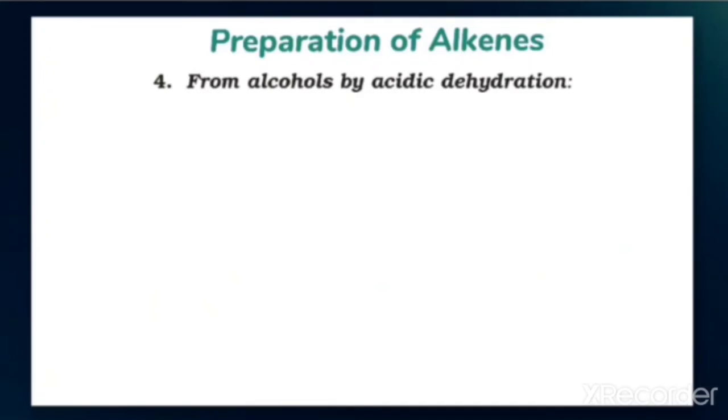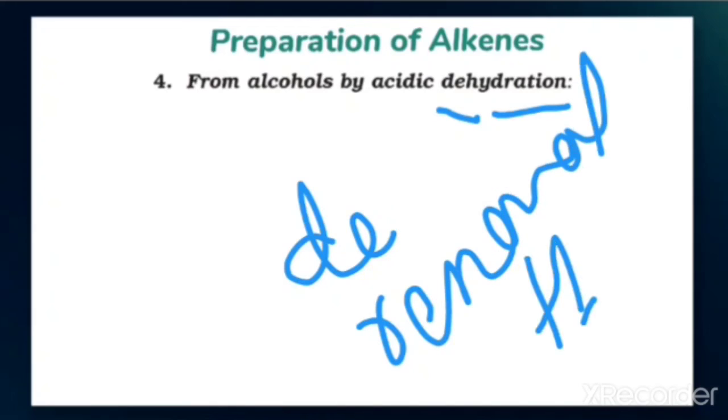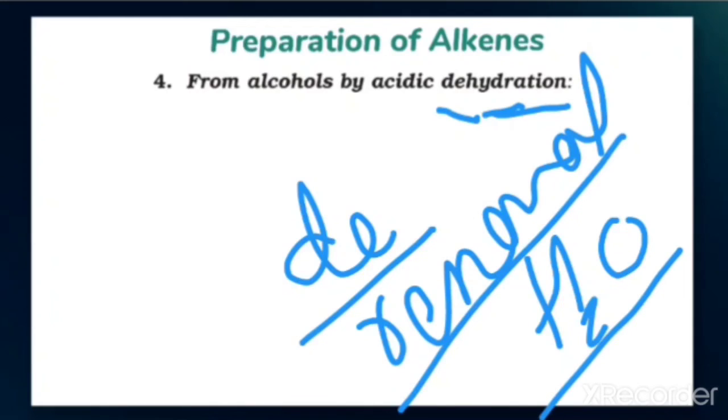The next reaction is the preparation of alkenes from alcohol by acid dehydration. Again the word D comes here. D means removal. Hydrate is the word for water, so dehydration means removal of water.